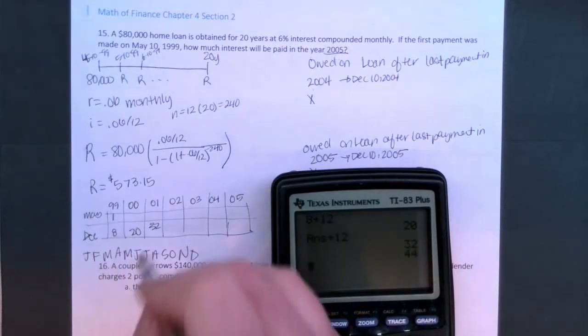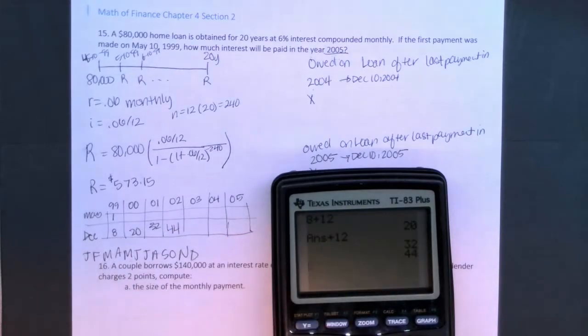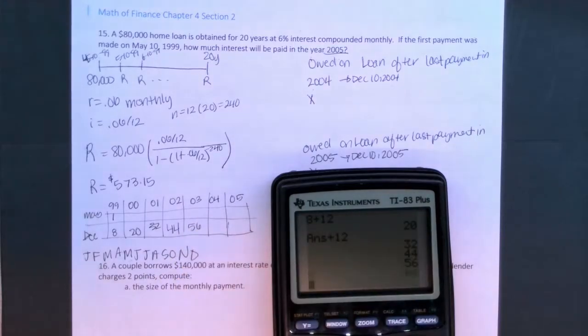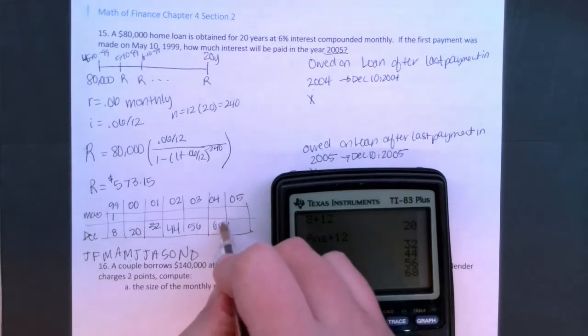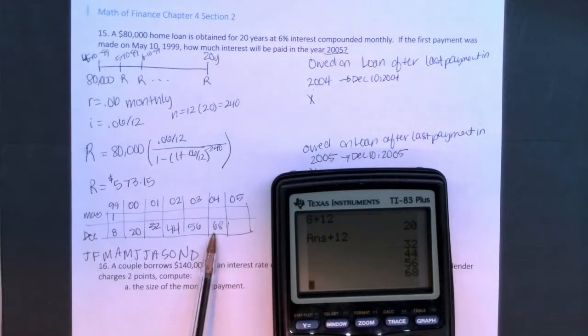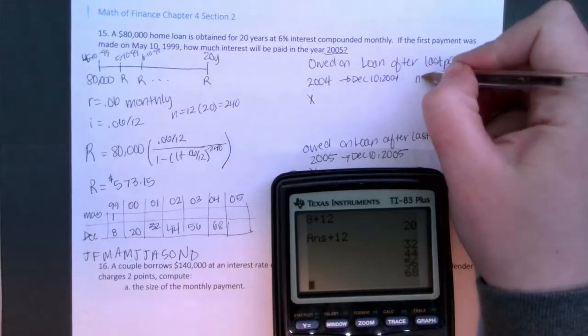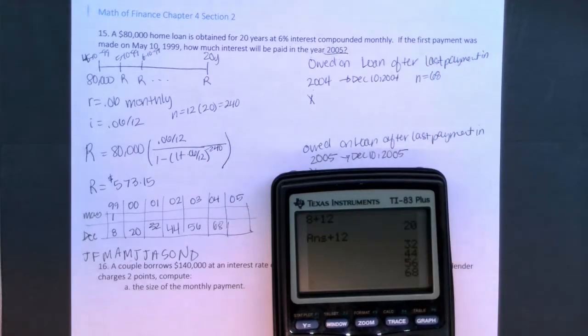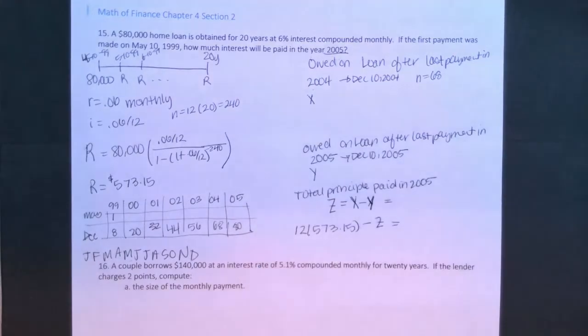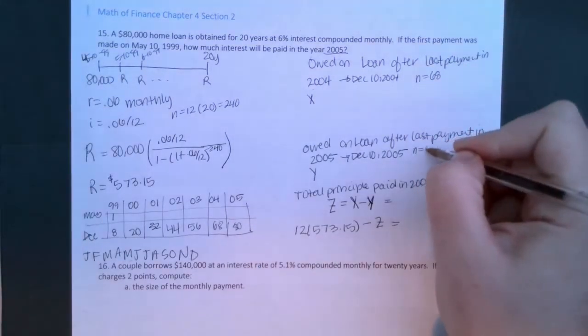Add 12 again, 44. Add 12 again, 56. Now we get to the one we want, add 12 again, 68. And you could do the same thing, just add 12 to the May ones and then count down from here. You get the same answer. So that means right here N is 68 because we've made 68 payments so far. Now if we go another full year to get all of those from 2005, we'd be at 80. So that means here our N is going to be 80.